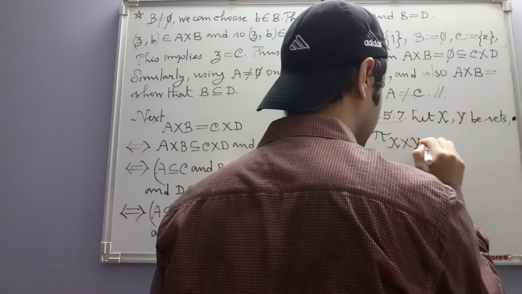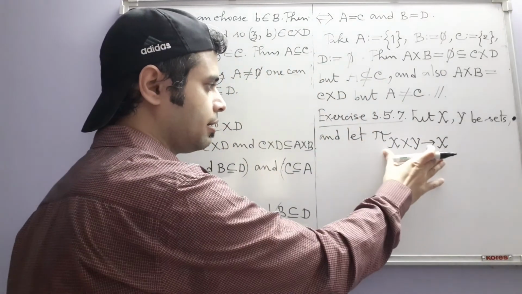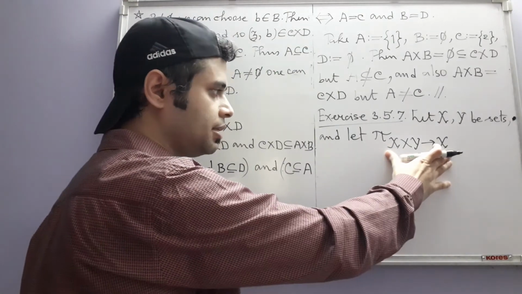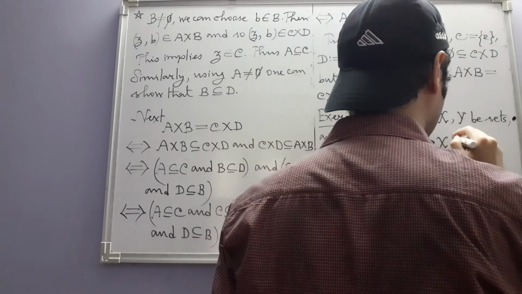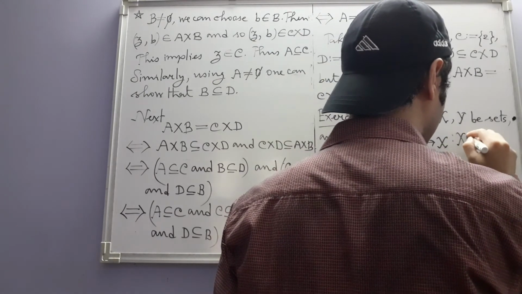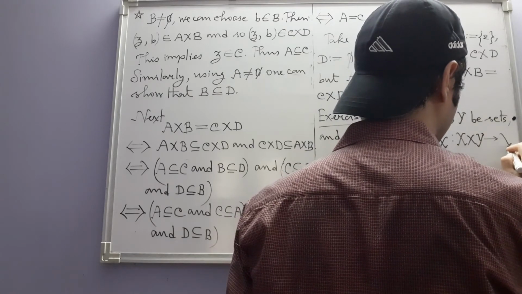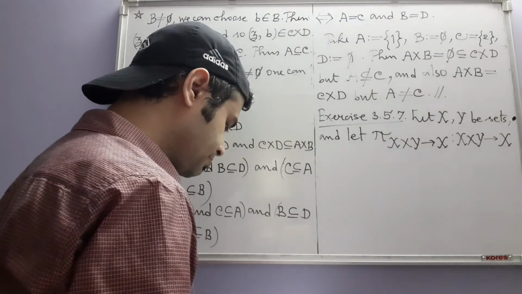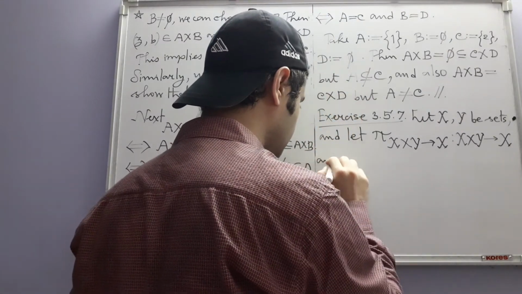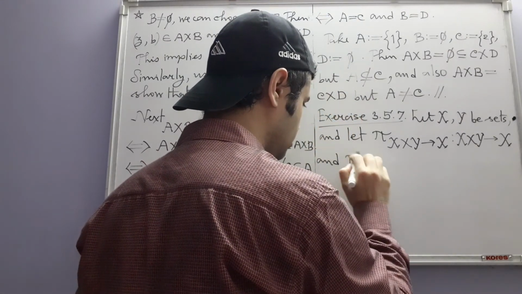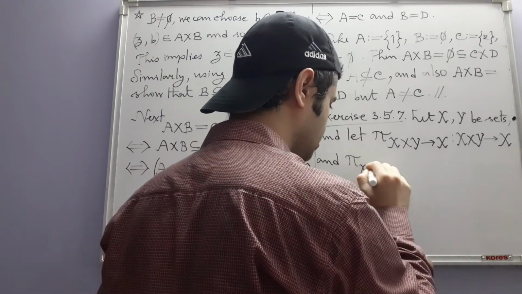X cross y to x, pi with the whole thing as a suffix, is a function from the domain x cross y to the range x, and there is one more. These are projection maps, if you already know what that means.